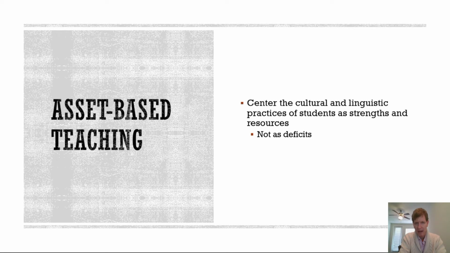You don't see any kind of asset to speaking Spanish, and so the students don't feel welcome, and in a nightmare scenario may feel like they are just ignored and left alone in the classroom, and the teacher teaches everything in English, and the students are completely ignored, and there's no resources, no help, and that's where things go terribly wrong. That's deficit-based instruction. You want to be asset-based.